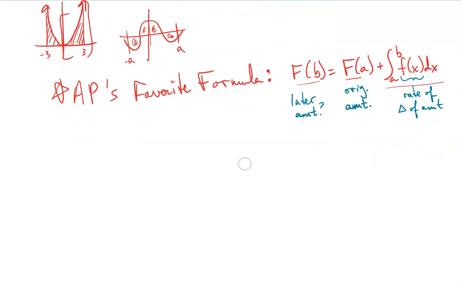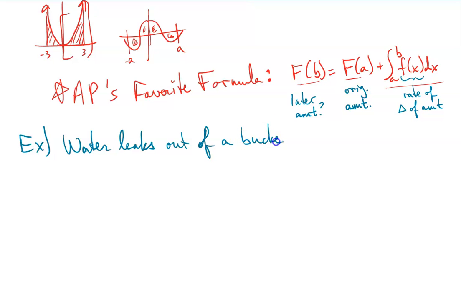So let's do another quick example. Let's say that water leaks out of a bucket at W prime of t, so that's the rate of change of the amount of water, equals negative 20t plus 3 gallons per minute.